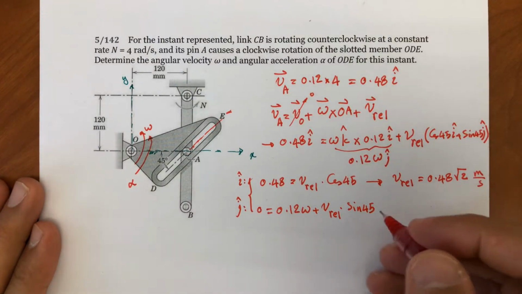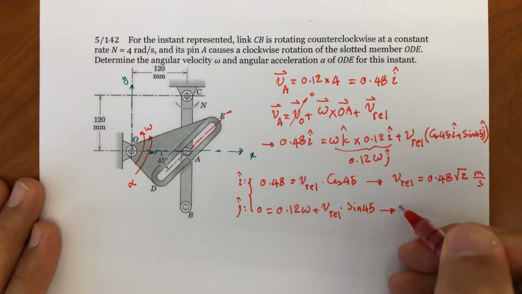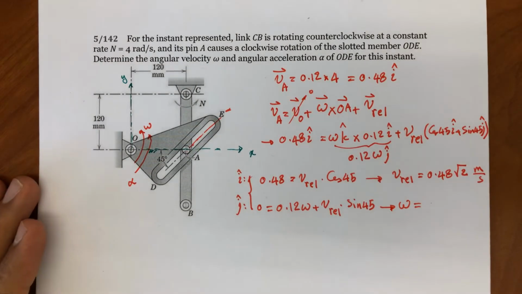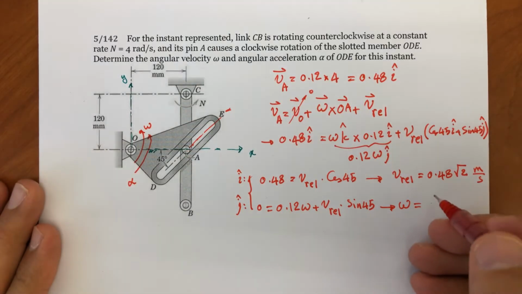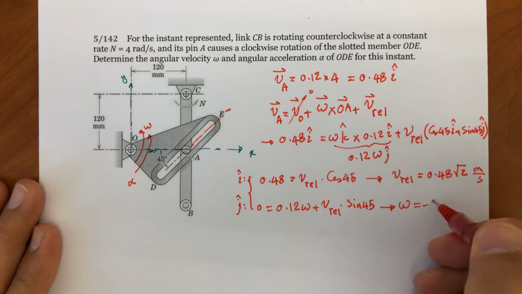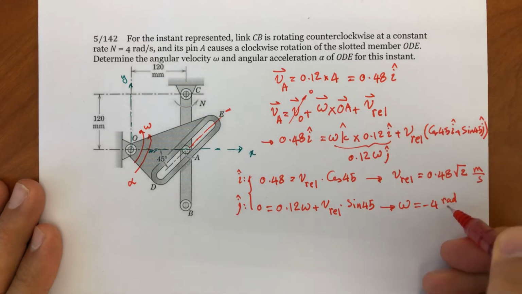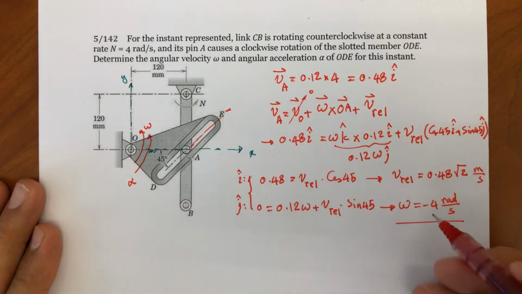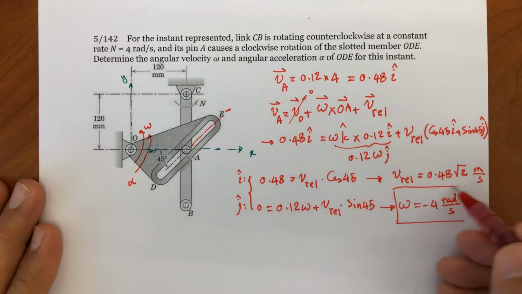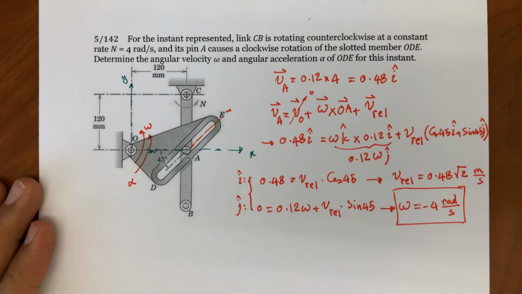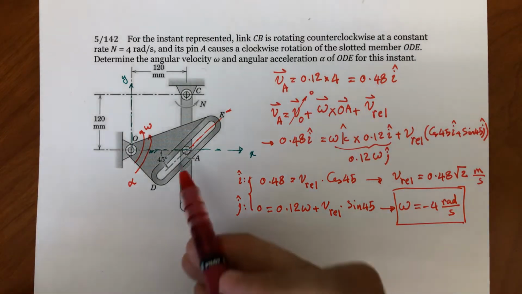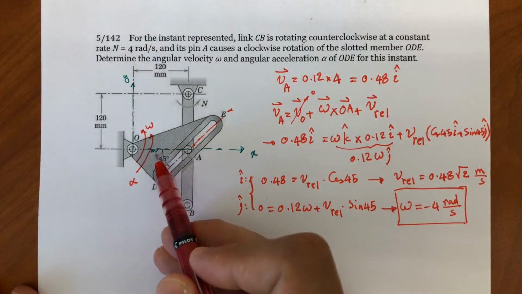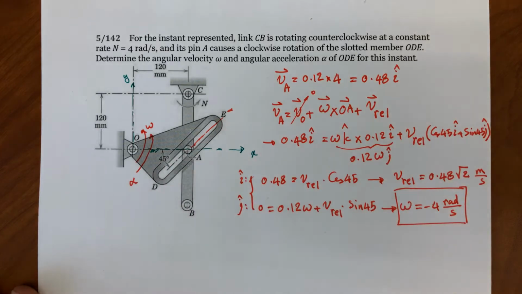So if you plug it in, we are going to find omega, which is going to be equal to -4. It turned out to be negative. It means it is in the clockwise direction. So we found omega, the angular velocity of the xy coordinate, which means the angular velocity of this rotating part, that sector.